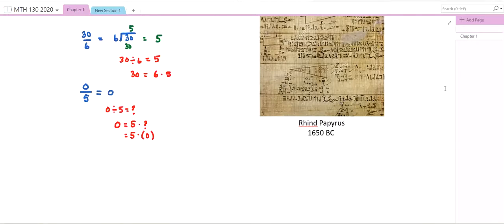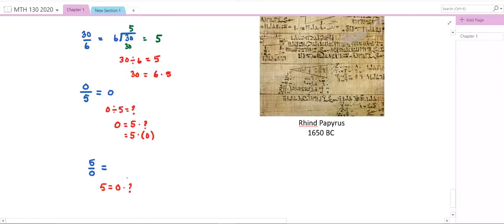Well, okay, that's cool. But how about this? What about 5 divided by 0? What does that equal? Well, if we use the same logic up here, we're saying that 5 equals 0 times something over here.